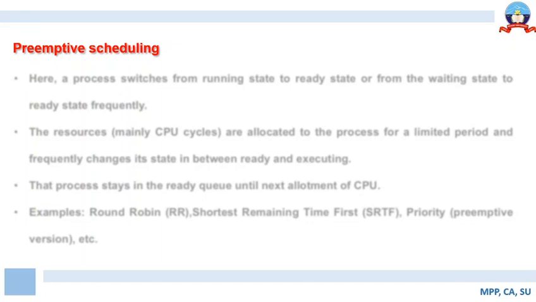Now preemption may be because of varied reasons. One may be because of the priority, as we have talked about. Another may be because of a time slice that may be associated with the processes. Say for example, I have 5 processes, and each process has an associated time slice of 2 nanoseconds. The process will execute for 2 nanoseconds and then release the CPU, and it is assigned to the next process.